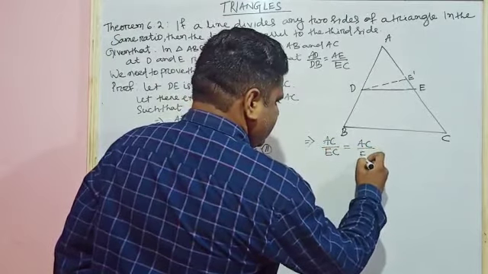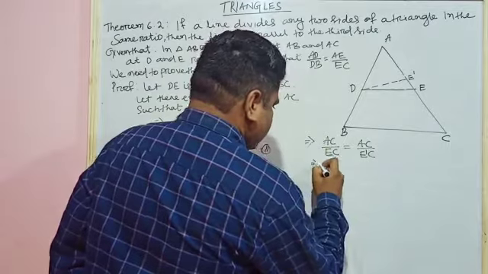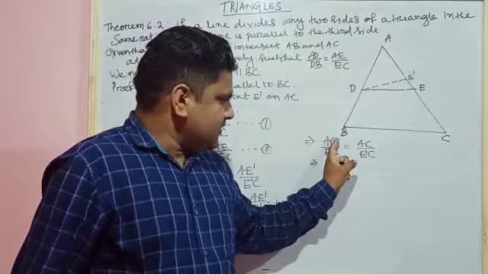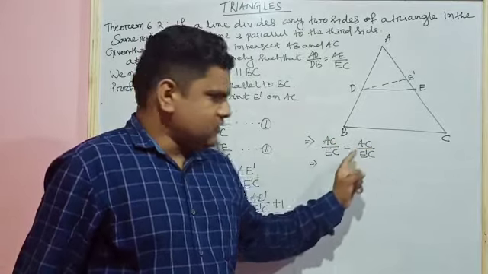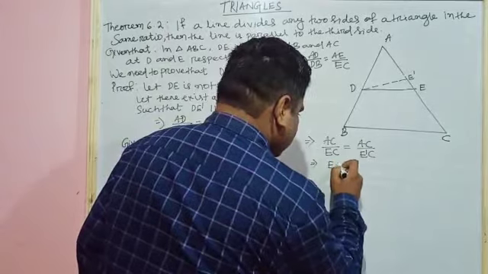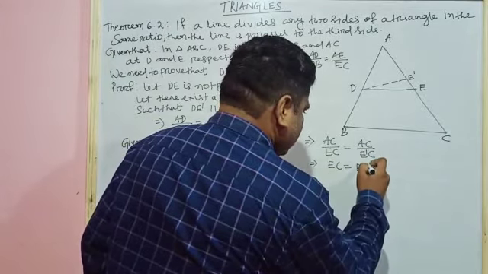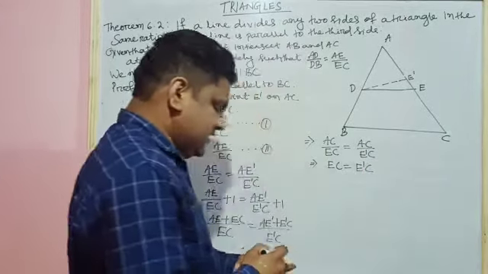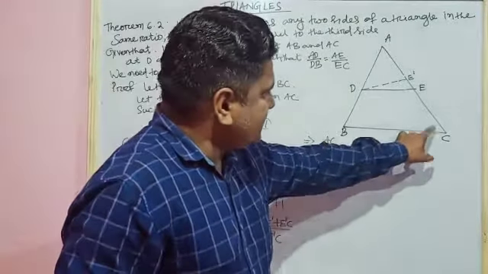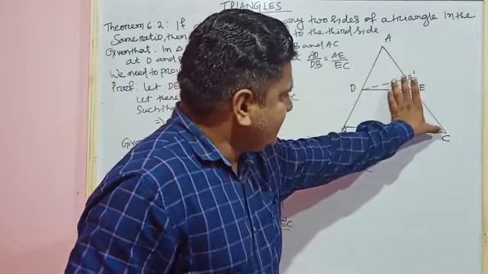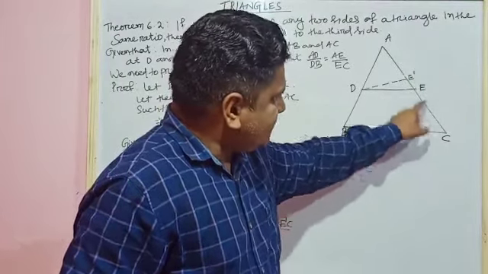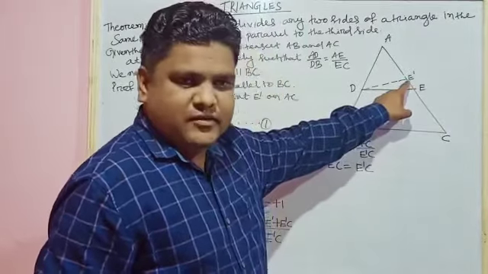Or this implies that, see this equation here, the numerators on both sides are equal, so the denominators must be equal. So it will be EC is equal to E dash C, means EC is the distance from C to E, and E dash C is the distance from C to E dash. Means distances from C to E and C to E dash are equal.